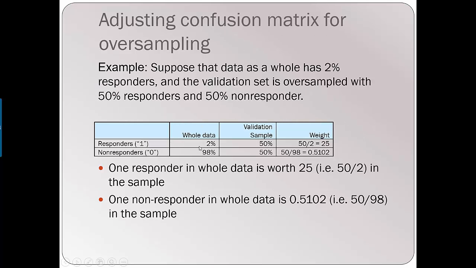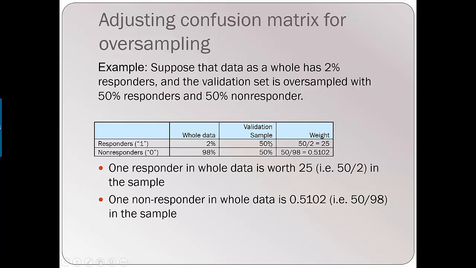Okay. So here is an example. Suppose we have responders and non-responders, 2% and 98%. Okay. Then validation sample is 50-50. Okay, this is oversampled. So now the weight is you divide the underlying data percentage into the validation percentage and you get the weight.